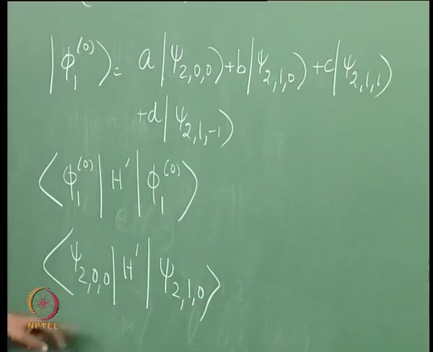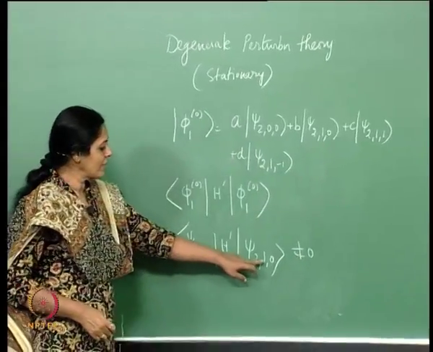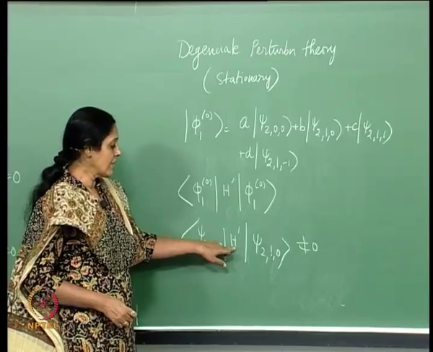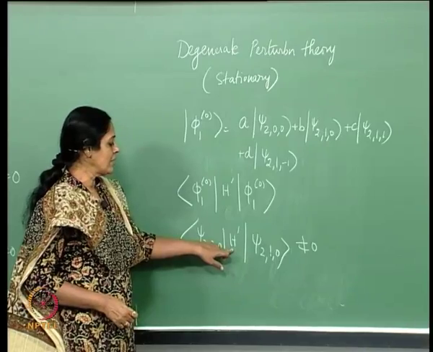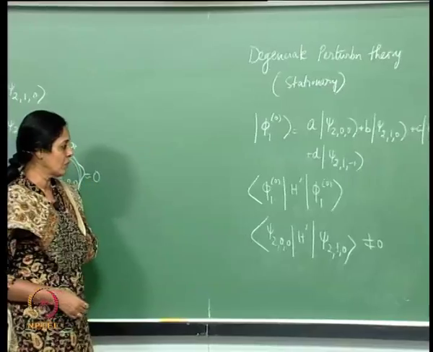Such a contribution would in general be non-vanishing, because this is parity (-1)^1, it's -1, and that again produces another -1. So the total parity there is +1, which matches with the parity here, which is (-1)^0.